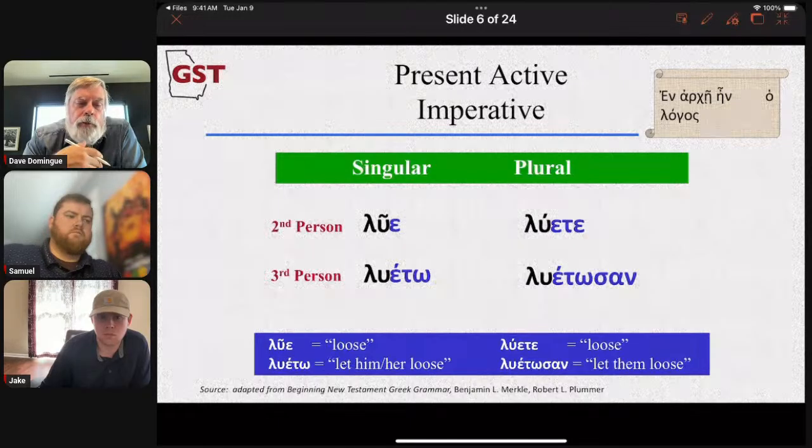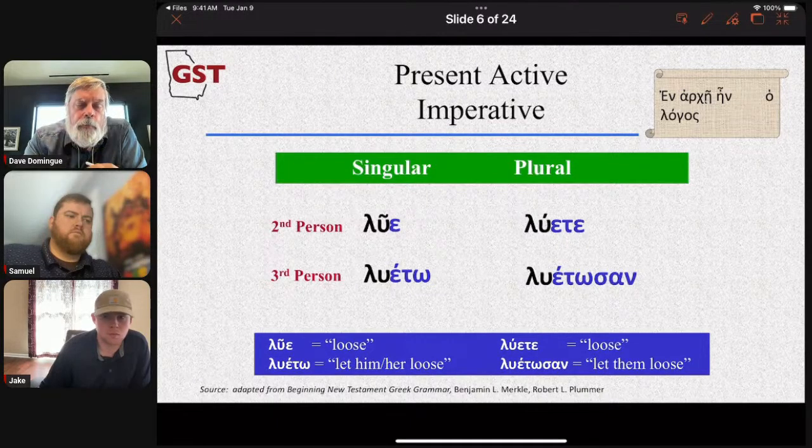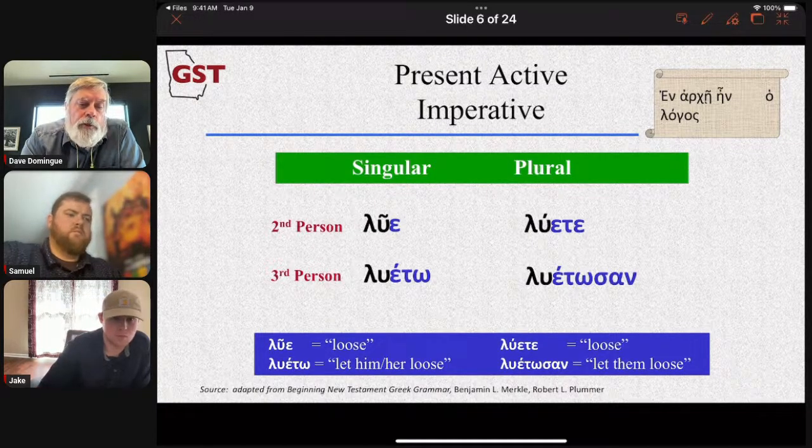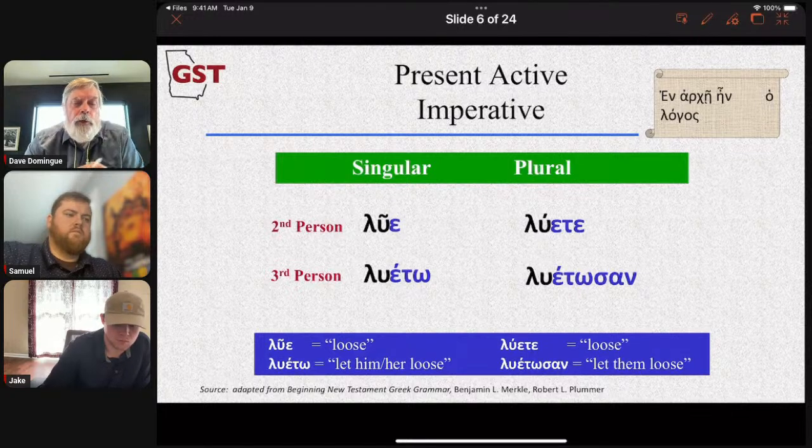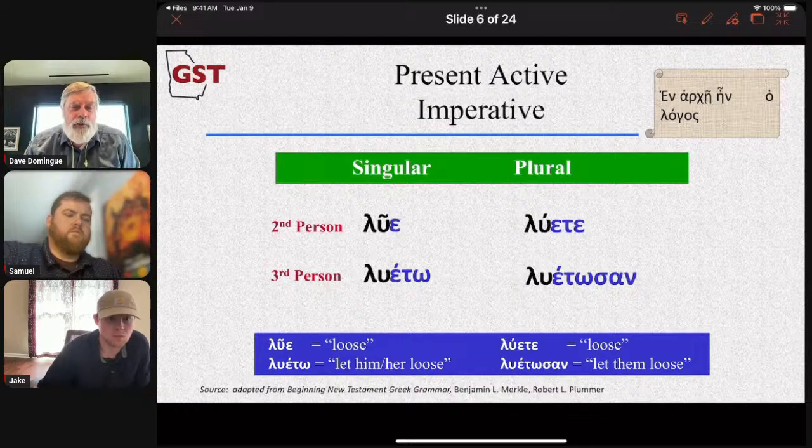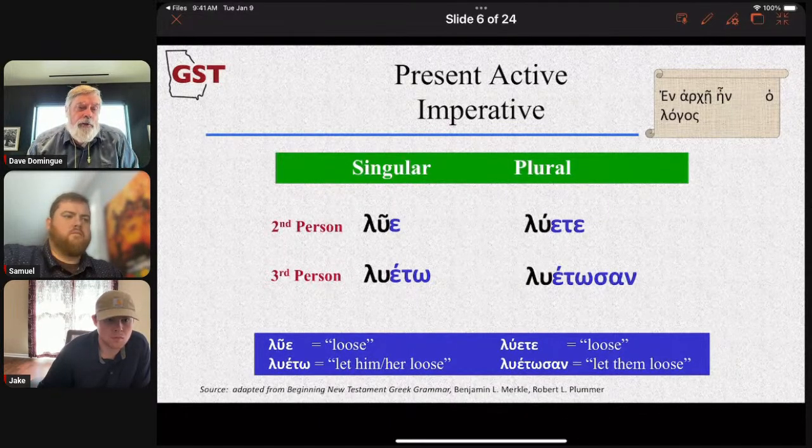So John is writing inspired writing, and in that he's showing some confusion on Nicodemus's part. The question is what did Jesus actually mean? My point is that unless you're there, it's a little more difficult. And even if you are there, Nicodemus was confused, and you may still be confused.